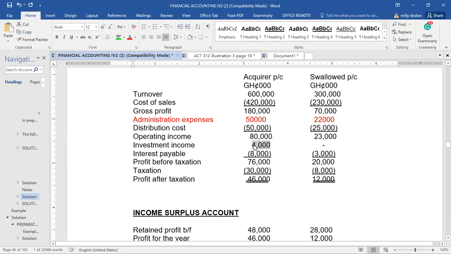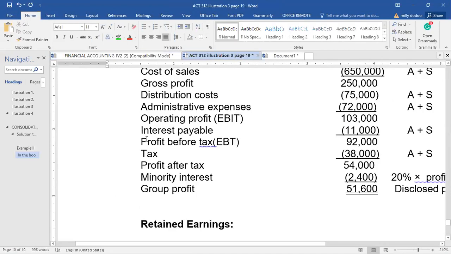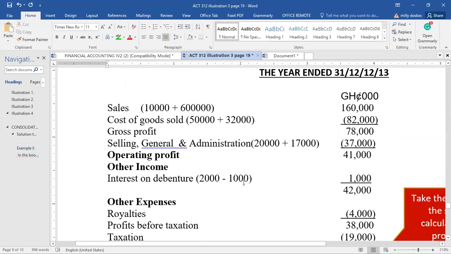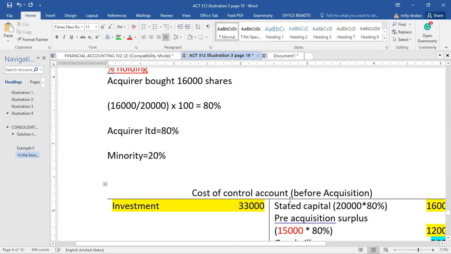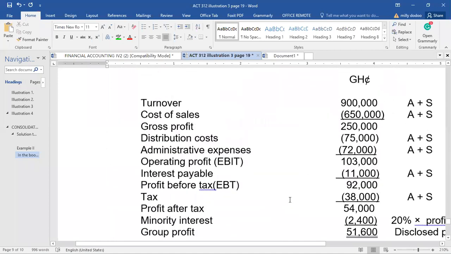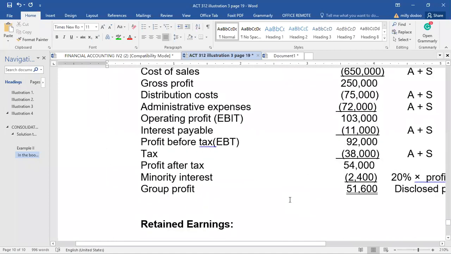Assuming this interest income here is 6,000, then all we'll do is subtract the 4,000 from the 6,000, and put the remainder, 2,000, over here. But here, the 4,000 he has received is purposely coming from the swallowed, so you eliminate all the 4,000 on the face of the account.